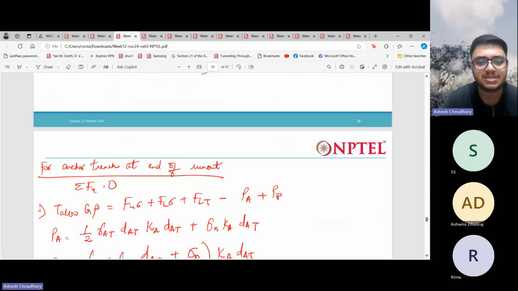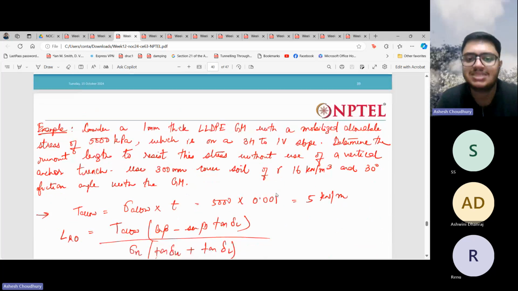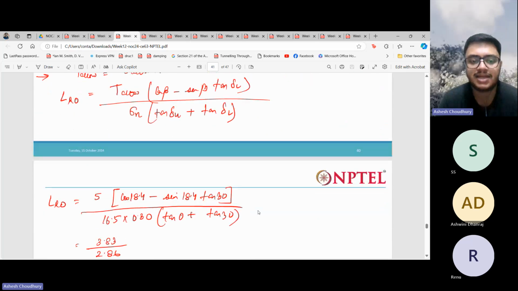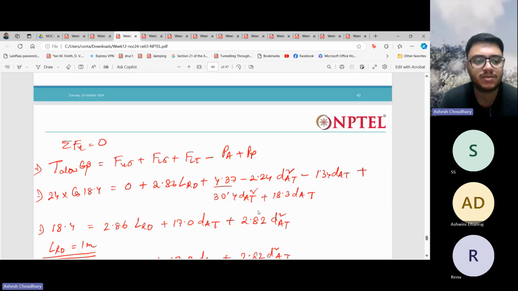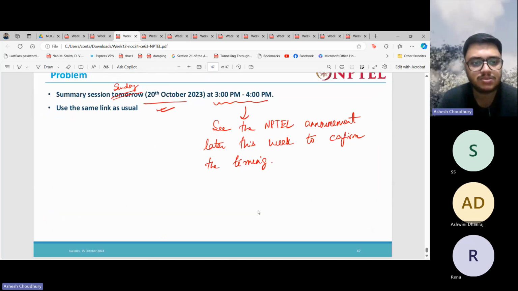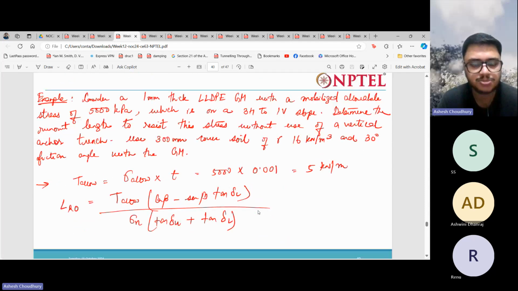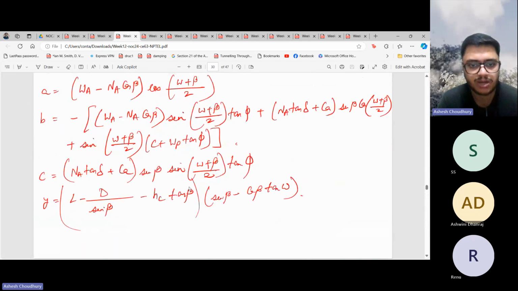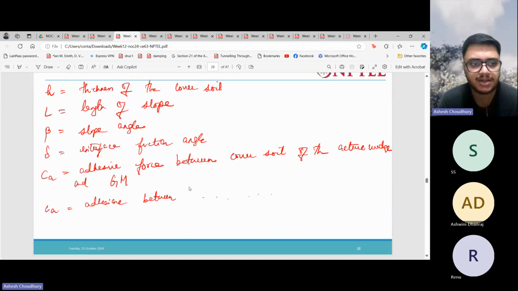There are many formulas in this, so I have given them first. What I suggest is that please go through Koerner's book, Robert Koerner's book, and study the expressions in the book. Because I wrote them very fast in the class, there are high chances that there might be some mistakes, as these expressions are quite big, like the ones used to calculate the factor of safety in the tapered case.